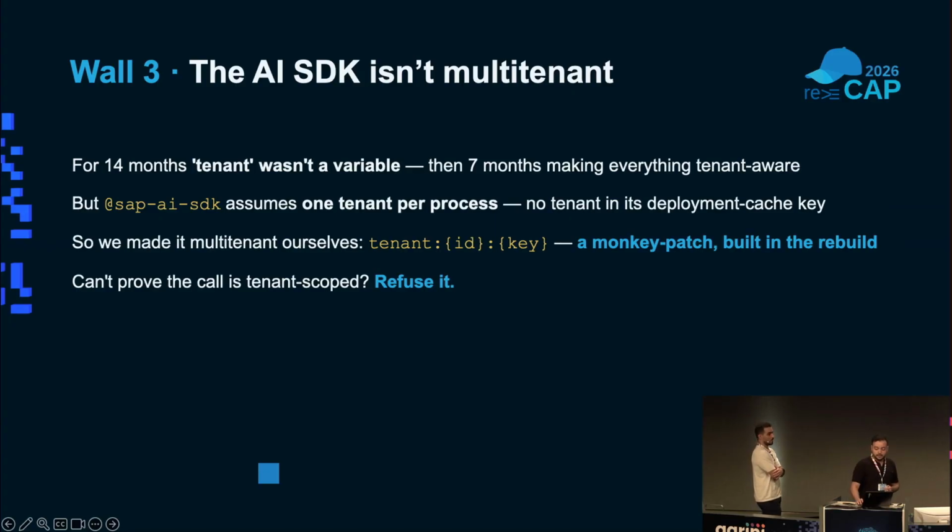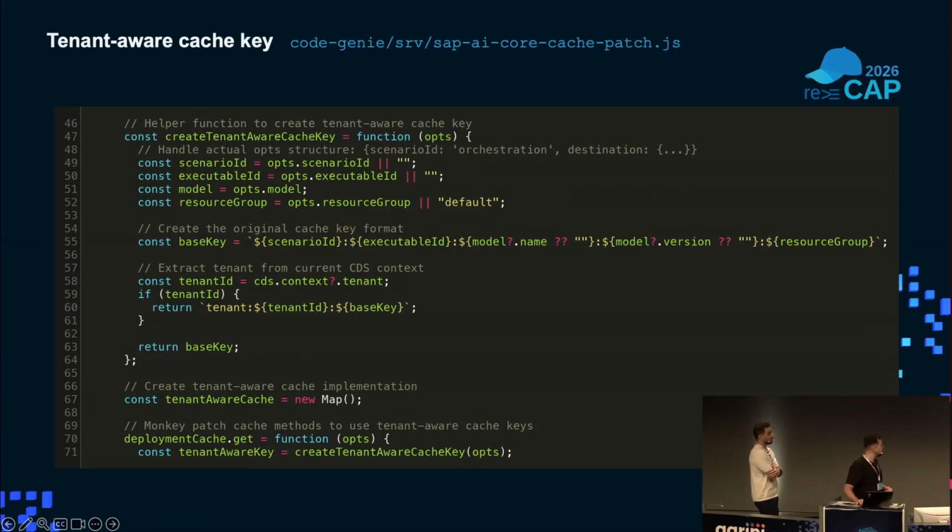So let me show you. Here, as you can see, that's how we create the tenant-aware cache. We take from the bindings. Why? Because in multi-tenancy, we have the sub AI Core instance in the subscriber's tenant. So each call from the front end sends back the tenant ID and also all that we need to get the sub AI Core subscription.